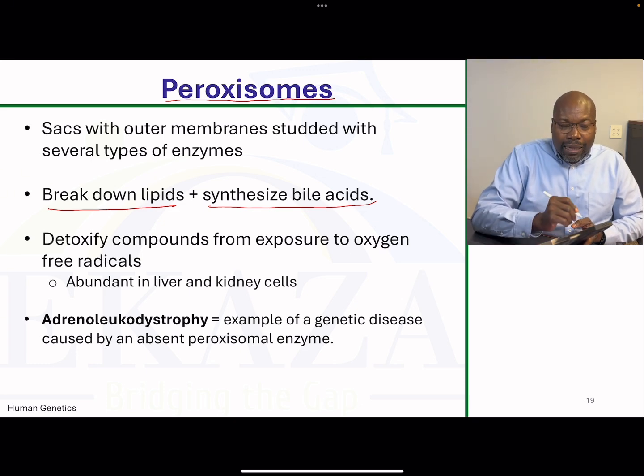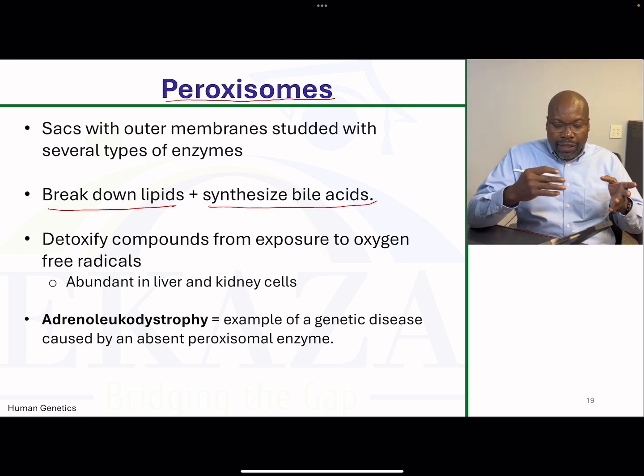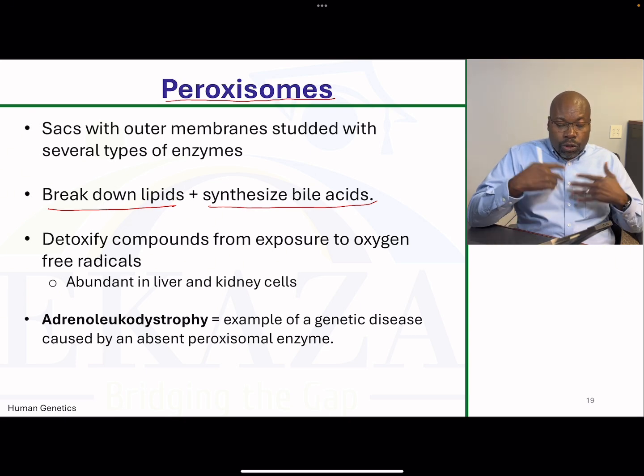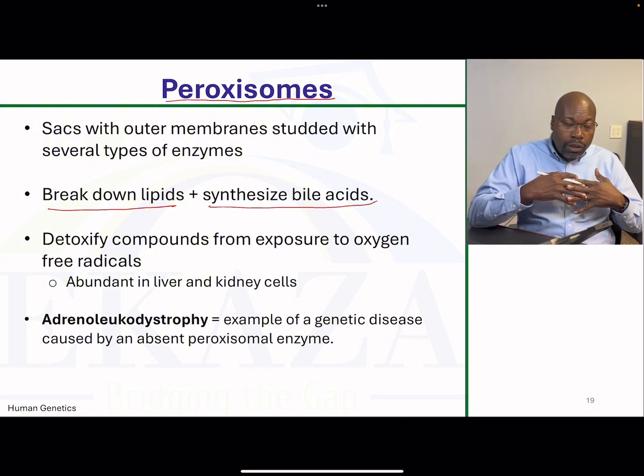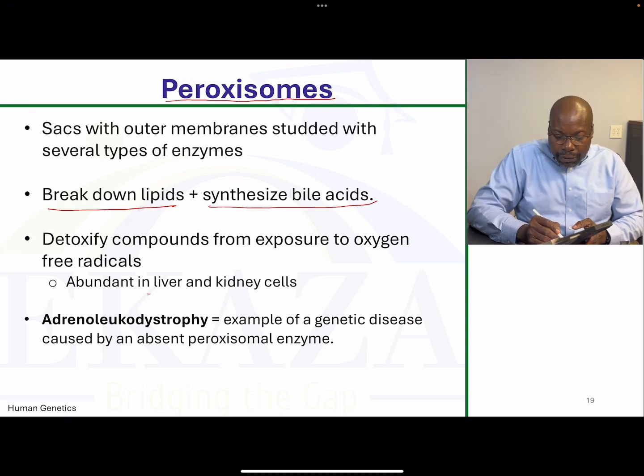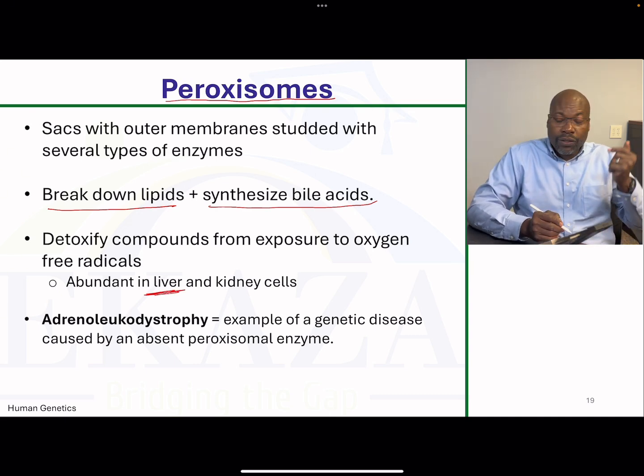The peroxisomes are also essential for detoxification. Most of the time, these peroxisomes are going to break down alcohol, right? So that the toxicity of alcohol doesn't pose a problem to you. Now, the peroxisomes are very abundant in the liver, right, to break down, for instance, alcohol.